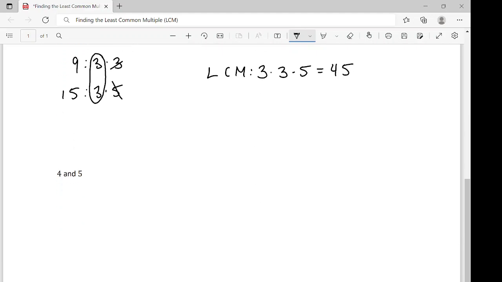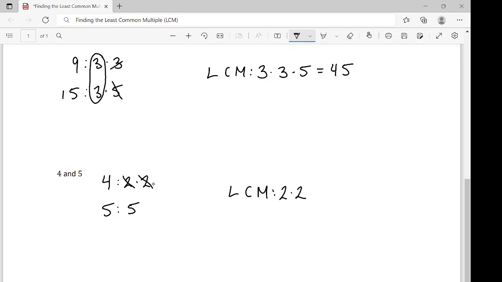Lastly, I have 4 and 5. So 4, which is 2 times 2, and then 5, which is just 5. So there's no common factors, so I can't write anything in common for the LCM. But I see that there is 2 2's here and no 2's here, so I know I'm going to need a 2 times 2.